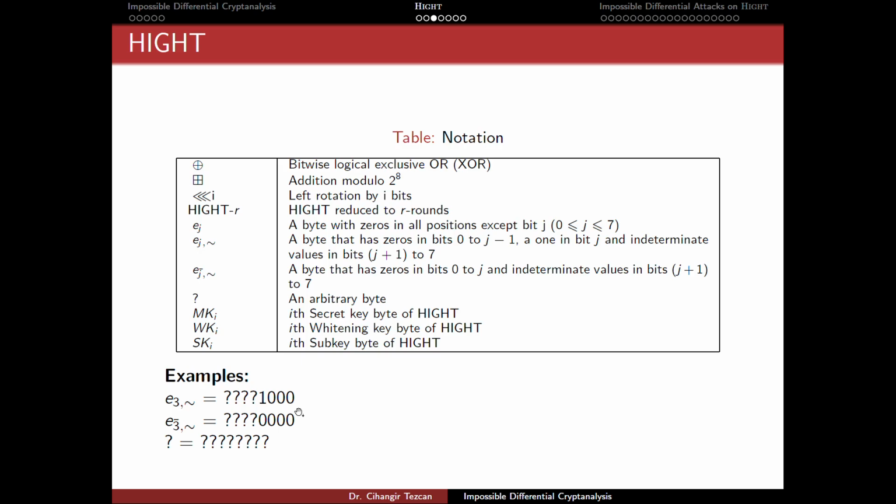This means that bits 0, 1 and 2 are 0. The third bit, as represented here, is 1, and the remaining bits are question marks that can be anything. And if you have a bar at the top of this bit, it means that bit is also 0, and the remaining bits can be anything. But with a question mark for a byte, we will be representing that all of the 8 bits can be anything.